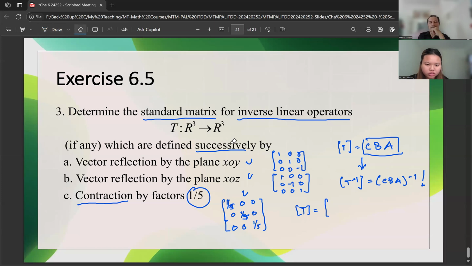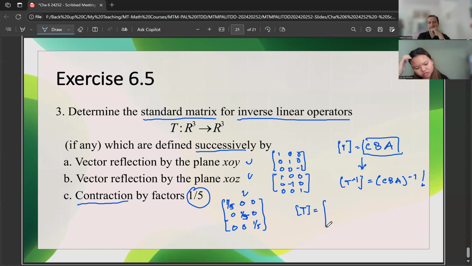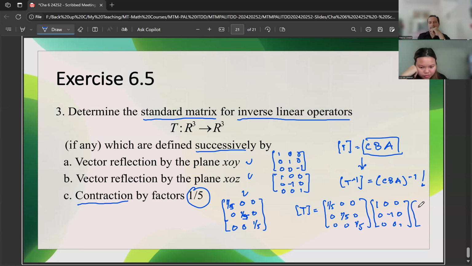So this will be 1 over 5, 0, 0, 0, 1 over 5, 0, 0, 0, 1 over 5, and then this will be B, 1, 0, 0, 0, minus 1, 0, 0, 0, 1, and this will be 1, 0, 0, 0, 1, 0, 0, 0, minus 1.